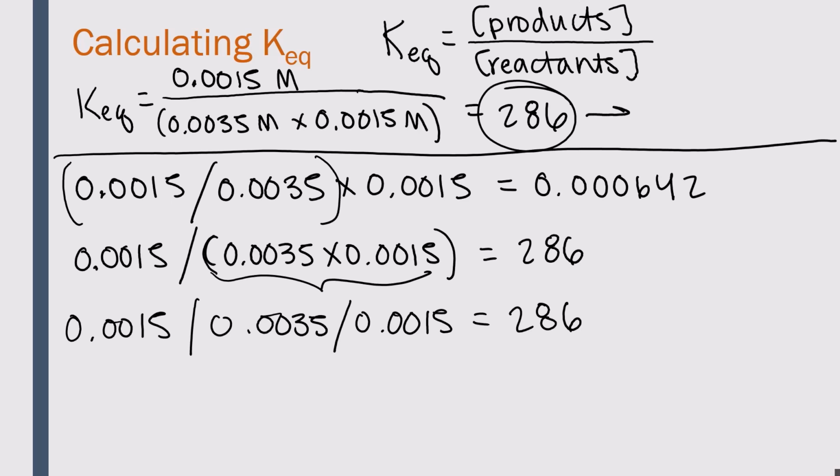Instead, I'd have to round to the nearest tens place, and that would give me 290. That would be a correct answer that Canvas will accept. Same with this wrong number here. We would want to cross out the 2 and use 0.00064, even though that's the wrong answer.